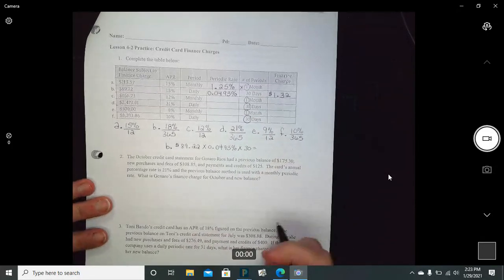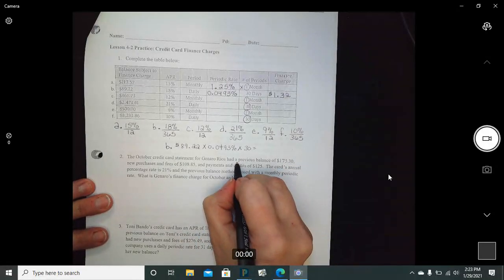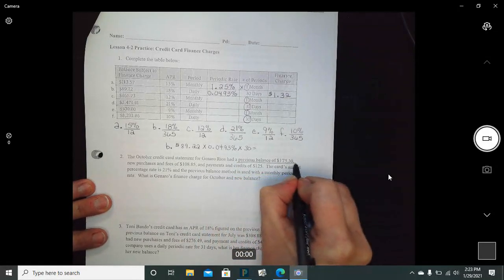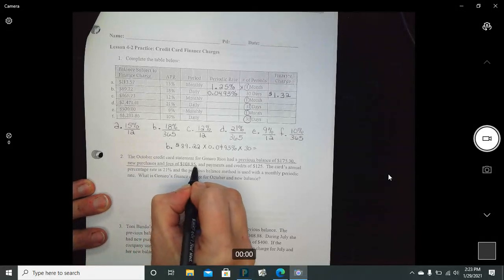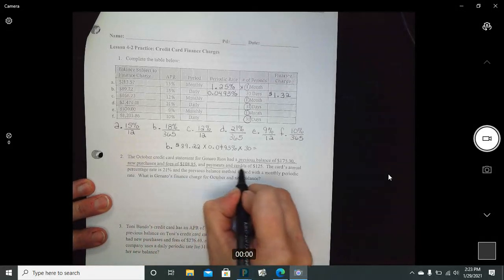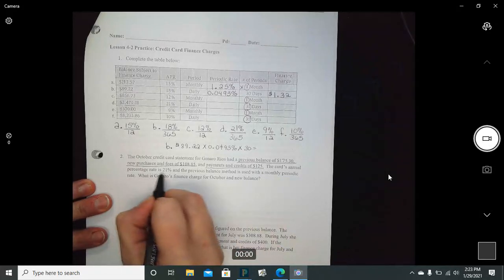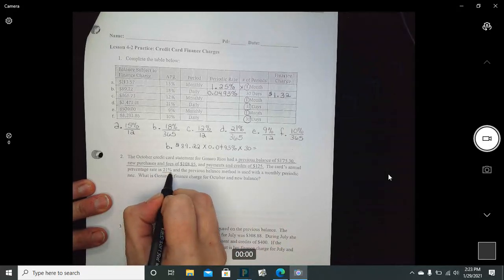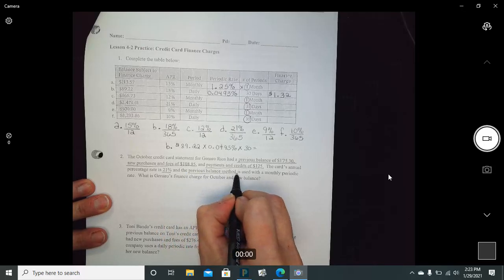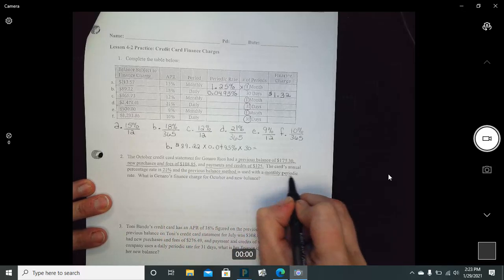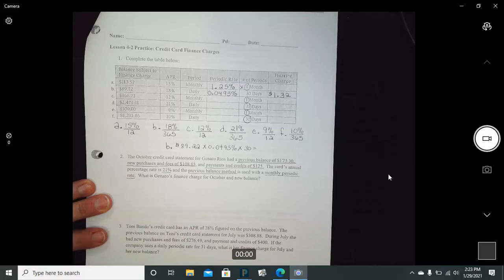Now on number 2, make sure you're looking at this. Previous balance, I'm going to look at. New purchases and fees, I'm underlining. Payments and credits I have. Annual percentage rate, and they are using the previous balance method. Monthly periodic rate.